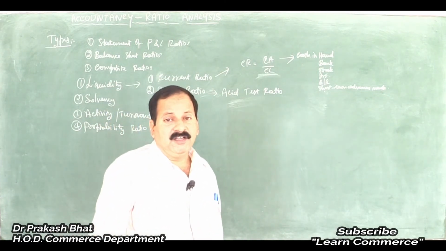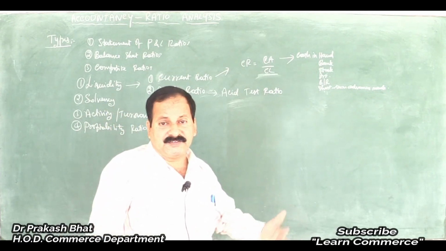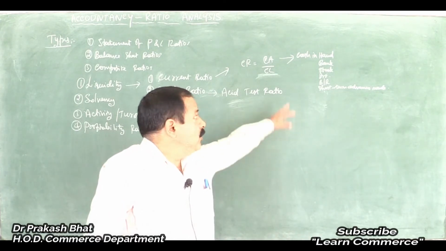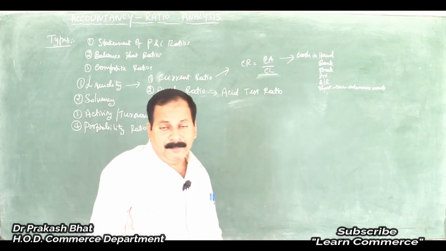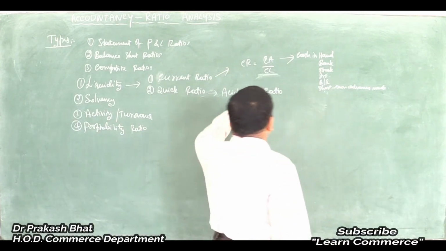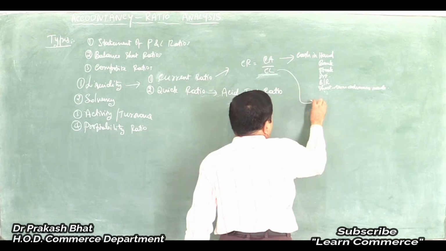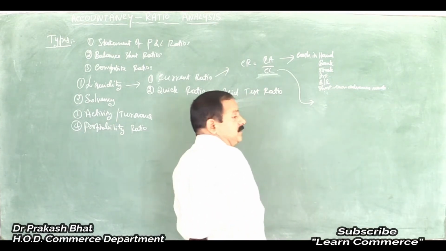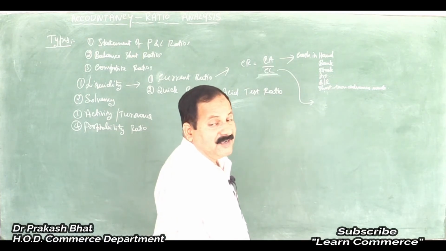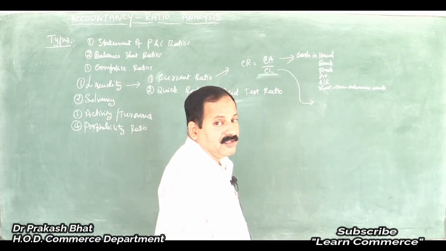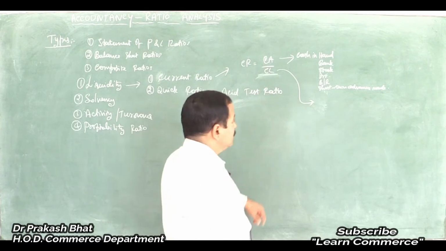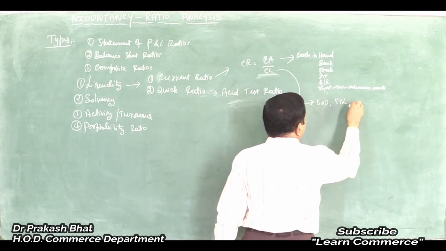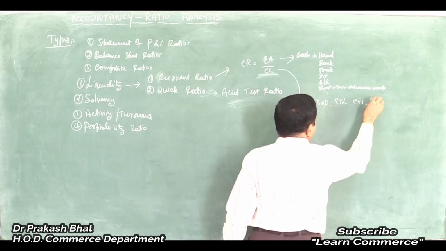Other than the long-term or non-current assets, all are current assets, so we will take all the current assets here. Then we divide it by current liabilities, which include obligations of the business whose period is less than 1 year, like bank overdraft, short-term loans, creditors, bills payable.